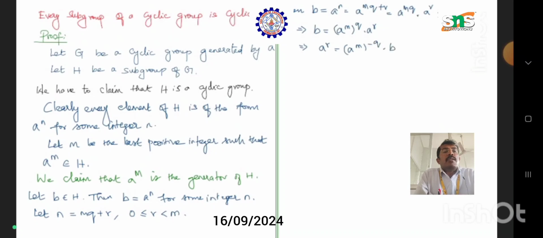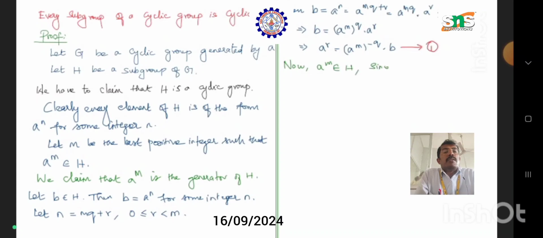Now I am bringing a power m power q to the other side. So I get a power r is equal to a power m power minus q into b. Let us call this equation number 1. So we are going to further work on this theorem.